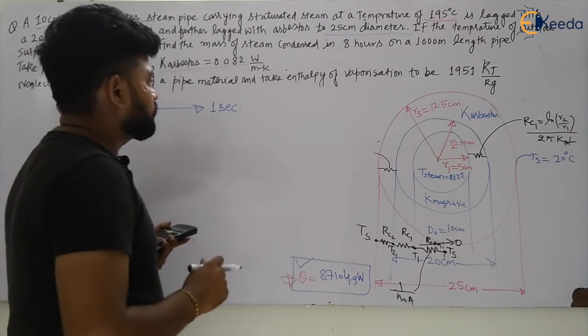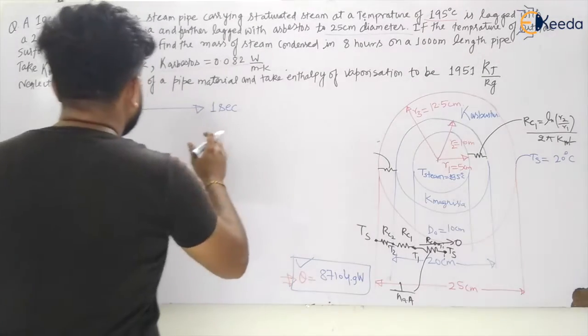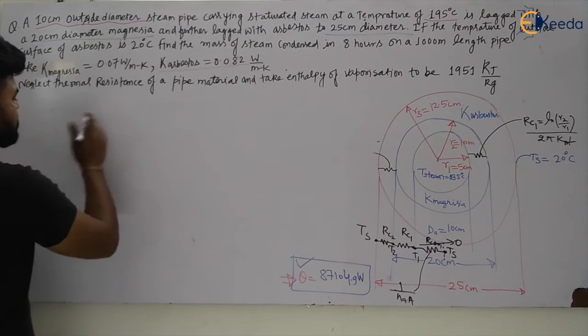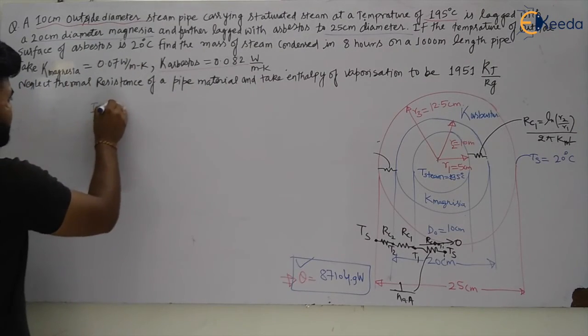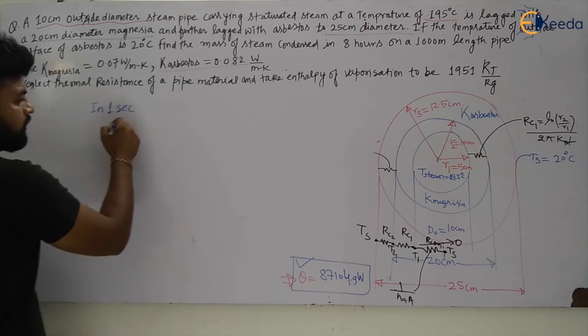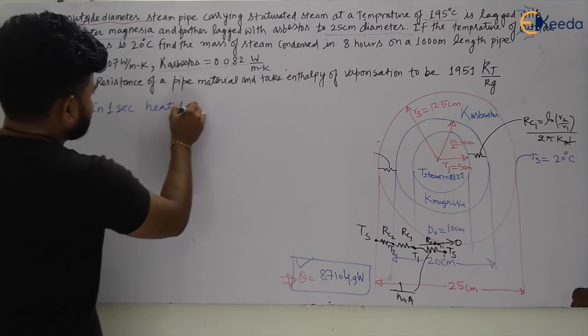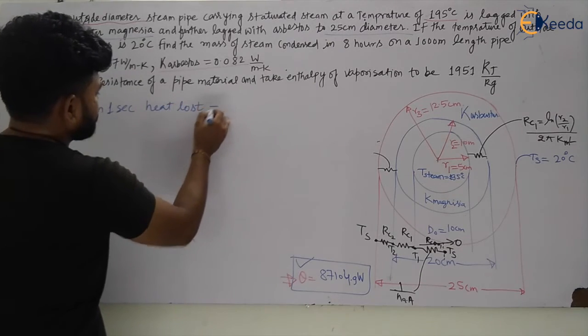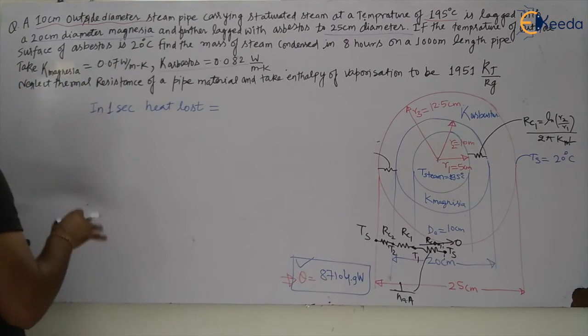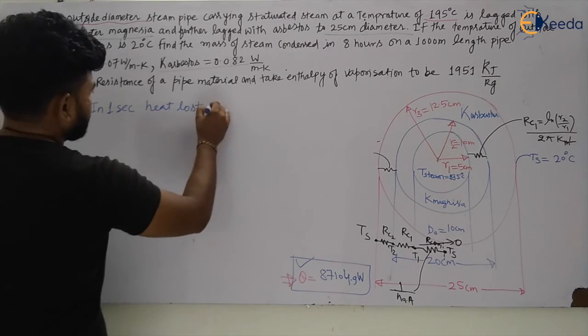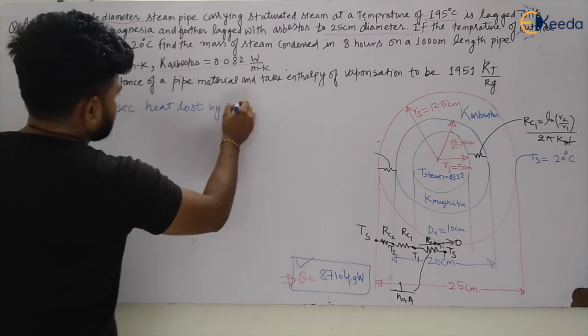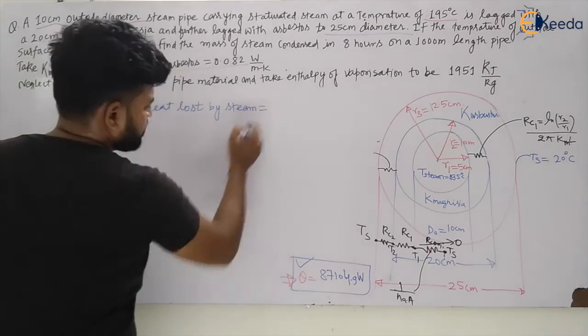So can I calculate in 1 second how much heat is lost? In 1 second, that heat lost is equal to heat lost by steam. Heat lost by steam is equal to how much, my dear students?